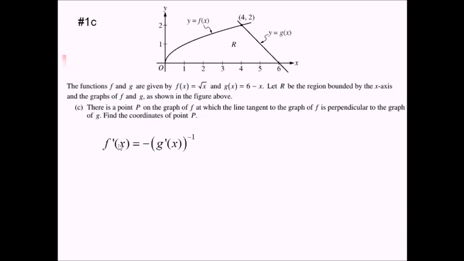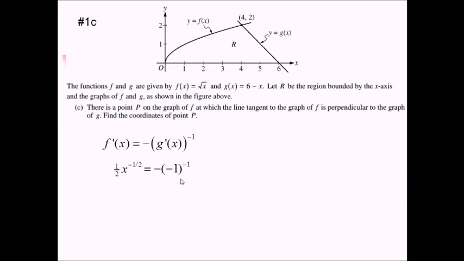So f prime, we know that is just the square root function differentiated. So that's really x to the 1/2 derivative. That's going to be 1/2 x to the negative 1/2. And how about g prime of x? Well, since that's just this line here, the derivative, g prime, is negative 1, so we want negative 1 to the negative 1.